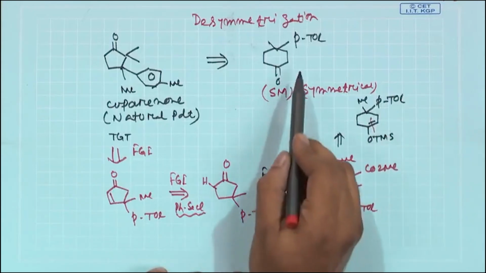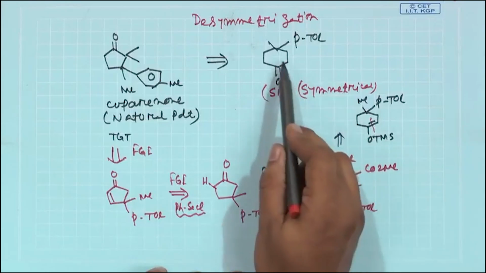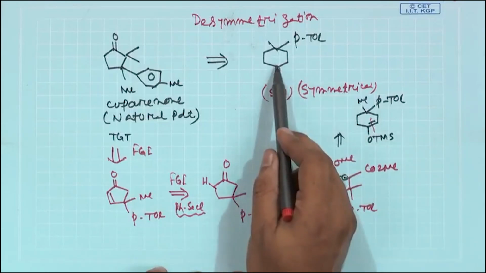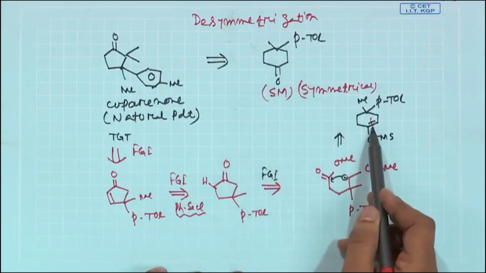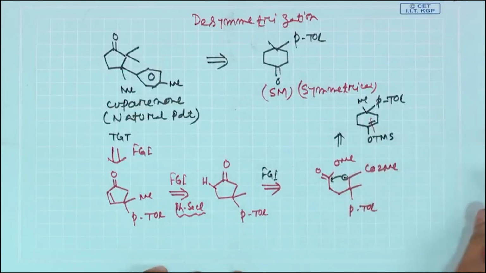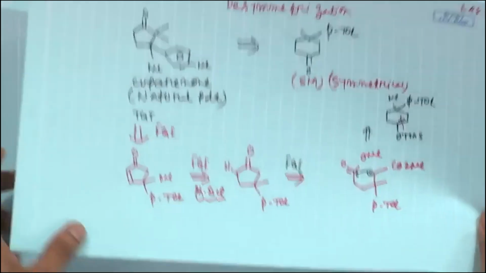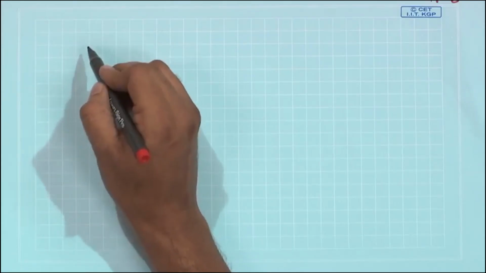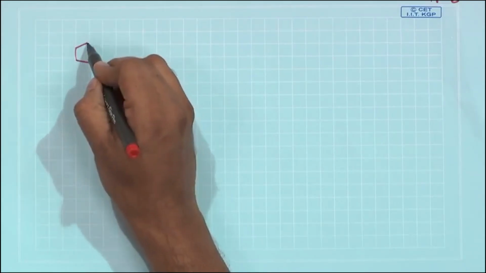From the initial starting material, which is symmetrical, to this is a simple desymmetrization reaction. Now, what we will try to do is the forward pathway and see how the synthesis can easily be carried out.